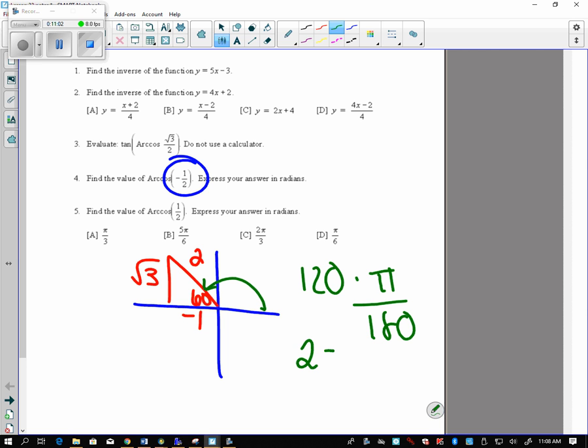So that should be 2 pi over 3. No, you just want 120 divided by 180 because we're going to leave that pi in there. Did that come out to 0.6 repeating? 120 divided by 180. Should be 2/3.